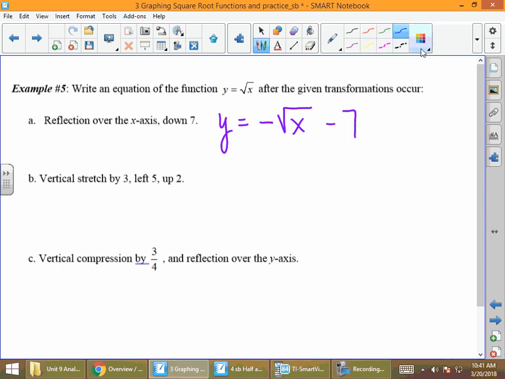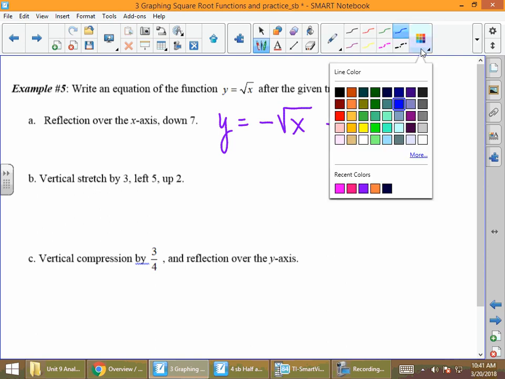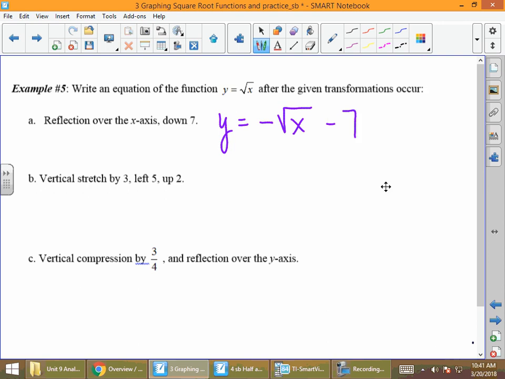Letter B. Vertical stretch by 3. Up 5, up 2. Well, we just graphed a couple where we had vertical stretch. In fact, the last one that we graphed had a vertical stretch by 2. So that means that it's going to be outside of the function. Then we've got our square root.